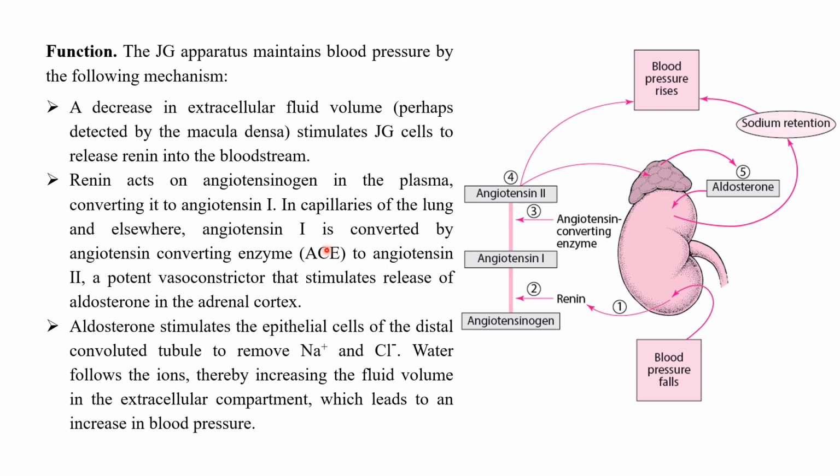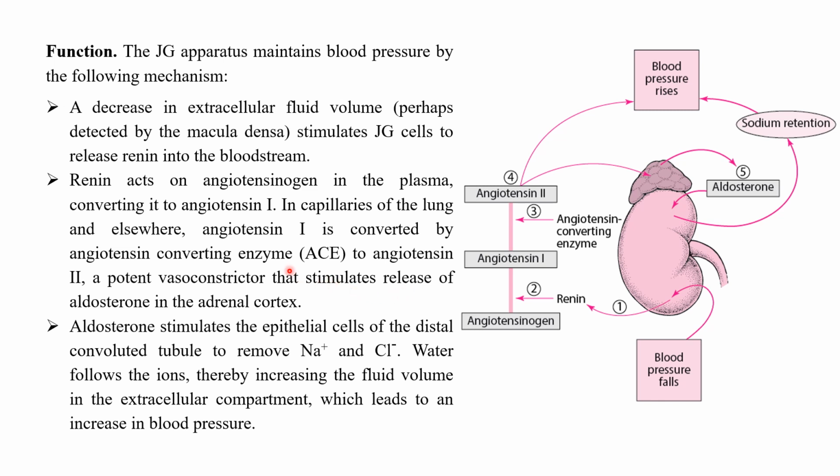Now, renin acts on angiotensinogen. We have already seen that the function of renin is to cleave the protein, right? It acts as a proteolytic enzyme. Renin acts on angiotensinogen in the plasma, converting it into angiotensin 1. In the capillaries of the lungs and elsewhere, angiotensin 1 is converted by angiotensin converting enzyme, ACE, to angiotensin 2.